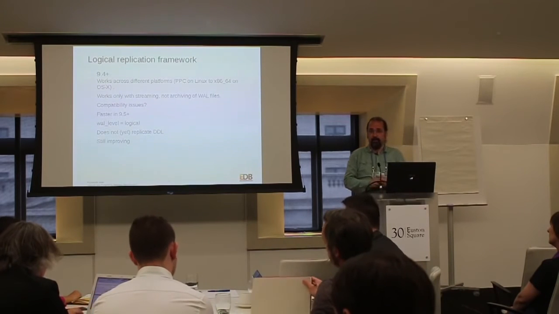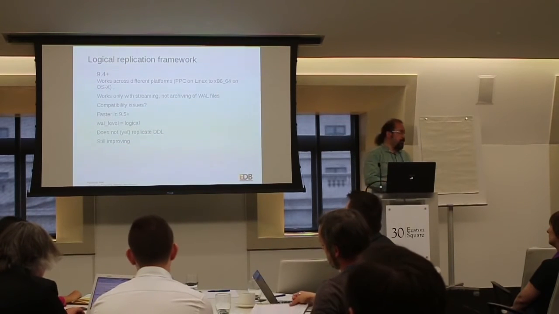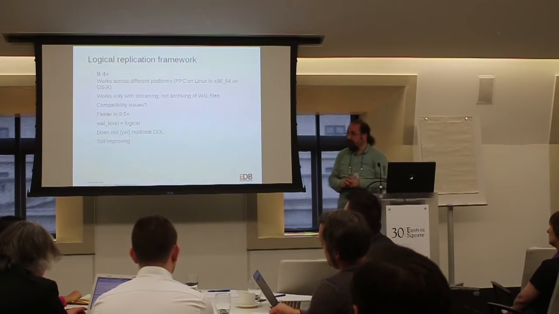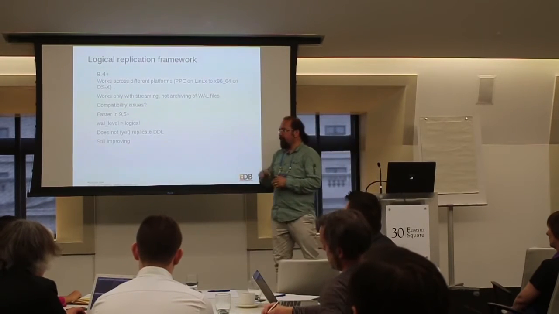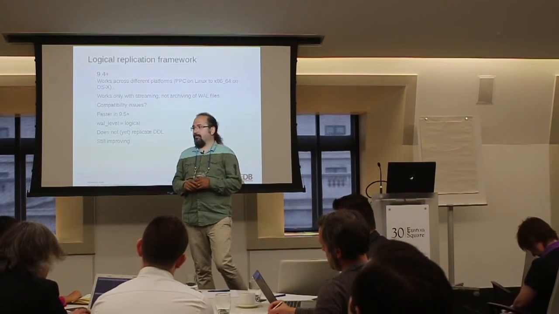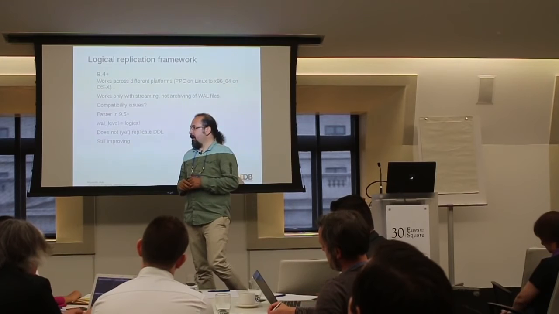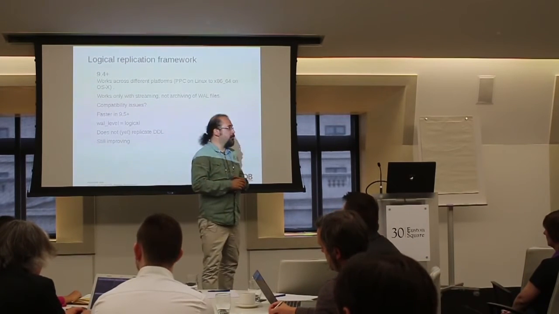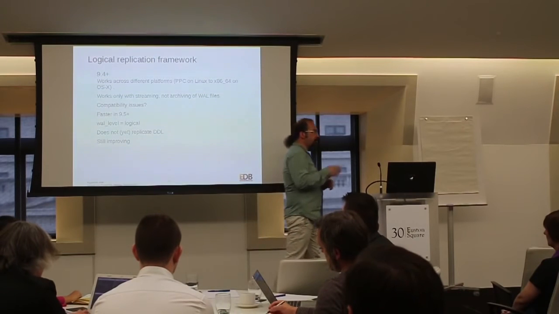Also, you have to make sure that there are no compatibility issues between the major releases. For example, if a data type has been removed from 9.6, and you are using it in 9.4, you will not be able to upgrade your database unless you do some hacking.